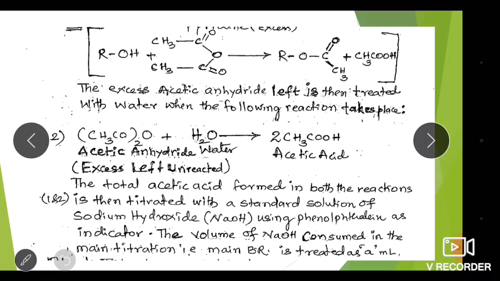The acetic anhydride which is left unreacted is then treated with water, that is, water is added to the solution, and we get hydrolysis of unreacted acetic anhydride into acetic acid. Then the total acetic acid formed in both reactions is titrated with the standard solution of sodium hydroxide using phenolphthalein as an indicator. Simply, it is a neutralization reaction. The volume of NaOH consumed in the main titration is treated as A ml.